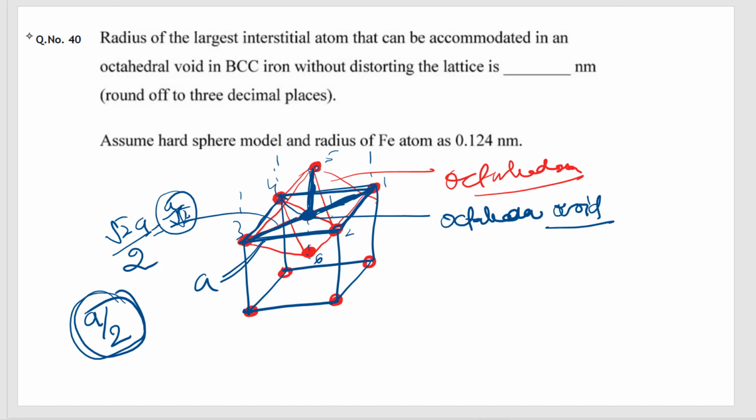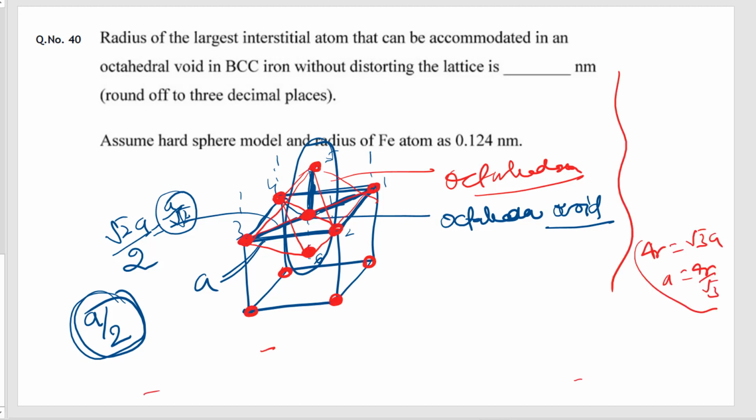So the deciding factor for the size of the void, or the radius of the atom which can be fitted in this void, will be determined.